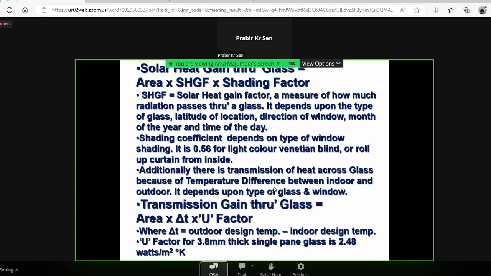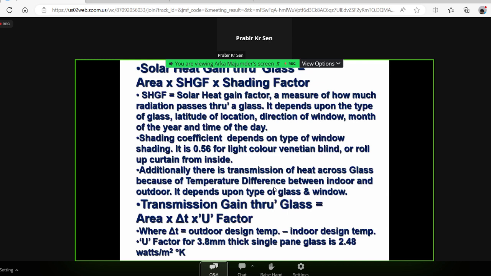But there are other glasses which pass only a very minimum amount of heat. So very special glasses are there. If we use them, we must consult the glass manufacturer's catalog and take the U value from there. But normal, clear 3.8 millimeter single pane glass is 2.48.